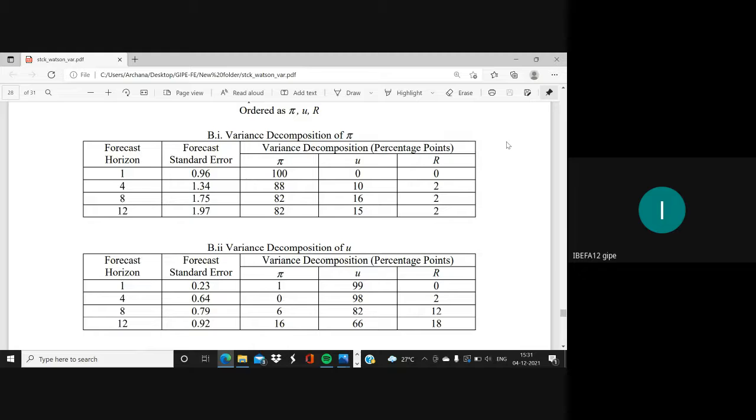No, generally, when you're imposing the restrictions, you will have to do it based on some theory. Generally, VAR models are said to be atheoretical, but when you're imposing the restriction, if you believe for a particular reason, for example, that YT does not affect ZT contemporaneously, it affects ZT only with a lag, then you will impose that restriction that beta 21 is equal to 0.